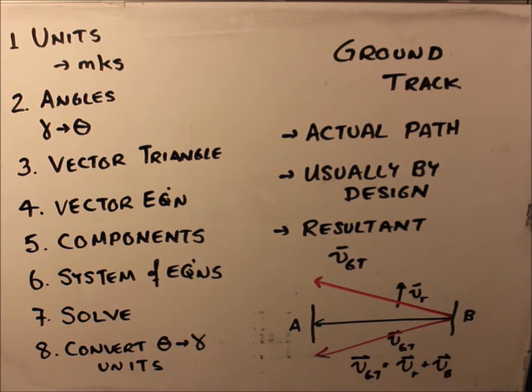And a lot of young people, they fight this, they don't internalize it. They see there's 2 vectors in these questions, the river and the boat, and they don't think of the ground track. And if that's where you're at, you won't be able to solve these problems.